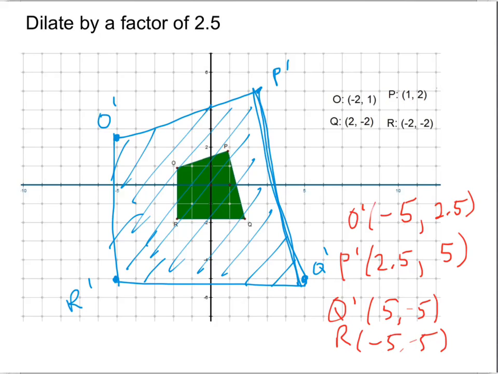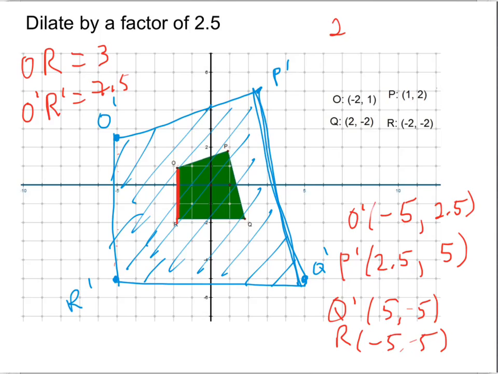If we do a quick check, let's look at corresponding side lengths. So OR is 3 units. Right there is equal to 3, but O prime R prime is equal to 1, 2, 3, 4, 5, 6, 7 and a half.